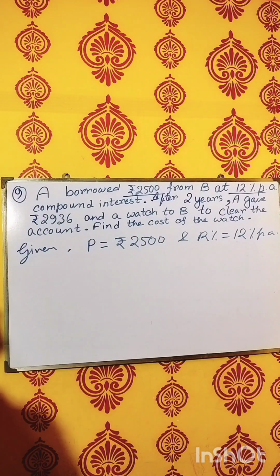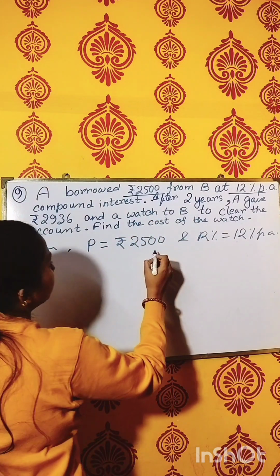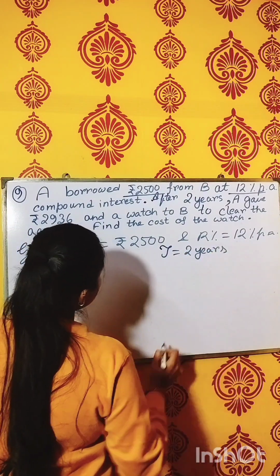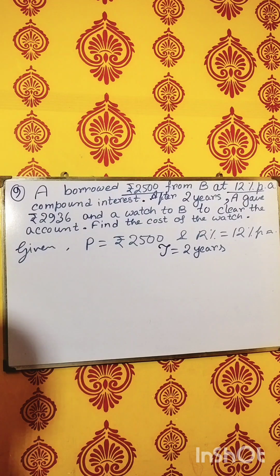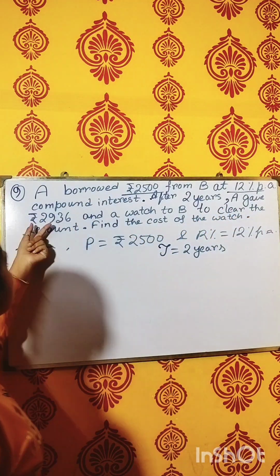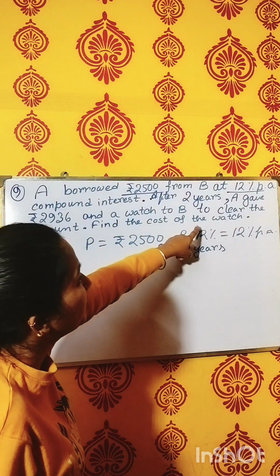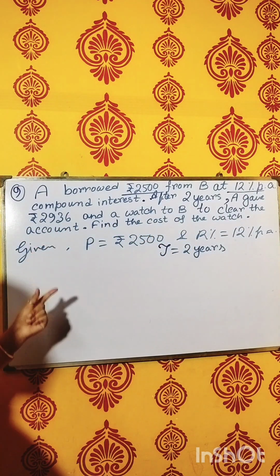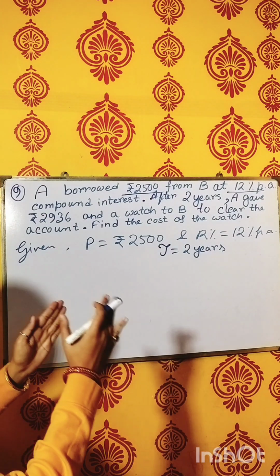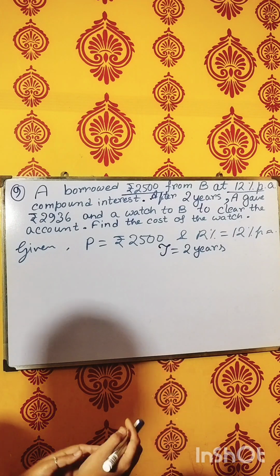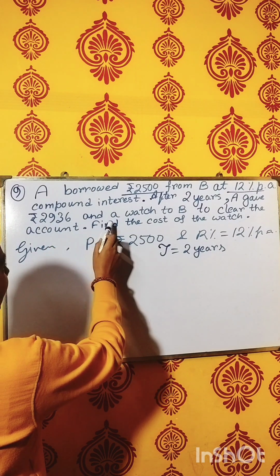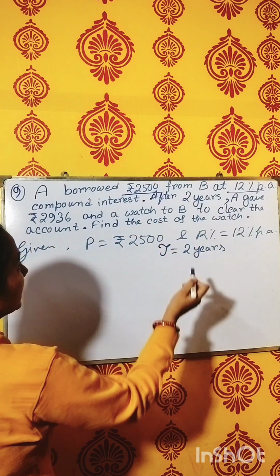Okay. So here they have mentioned the time. T is equal to 2 years. Now we can see that after completing 2 years, A gave rupees this much and a watch to B to clear the account. That means after 2 years, A gave the amount which is equal to rupees this much and the cost of the watch.